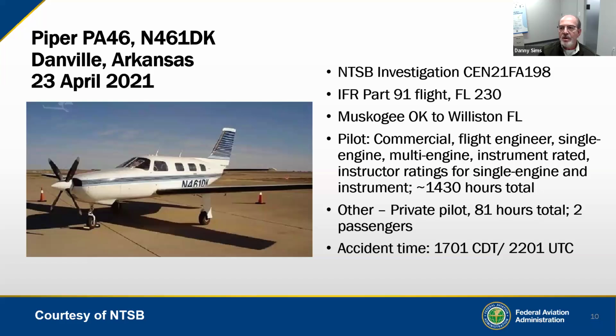It was an IFR, general aviation flight, with a planned flight level of 23,000 from Muskogee, Oklahoma to Williston, Florida. Looking at the pilot involved here, multiple ratings for this pilot. And there was another private pilot on board, and the accident time, as we noted here, was 1700 Central Daylight Time, in the evening.